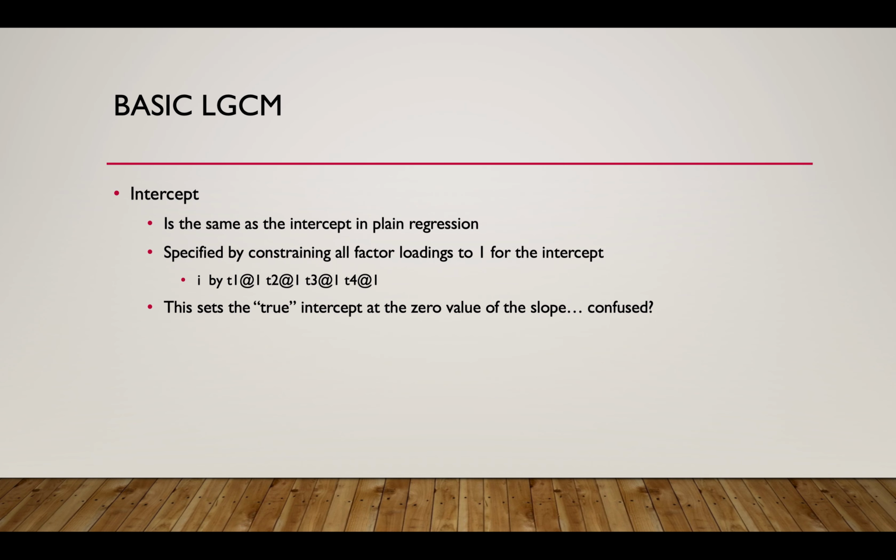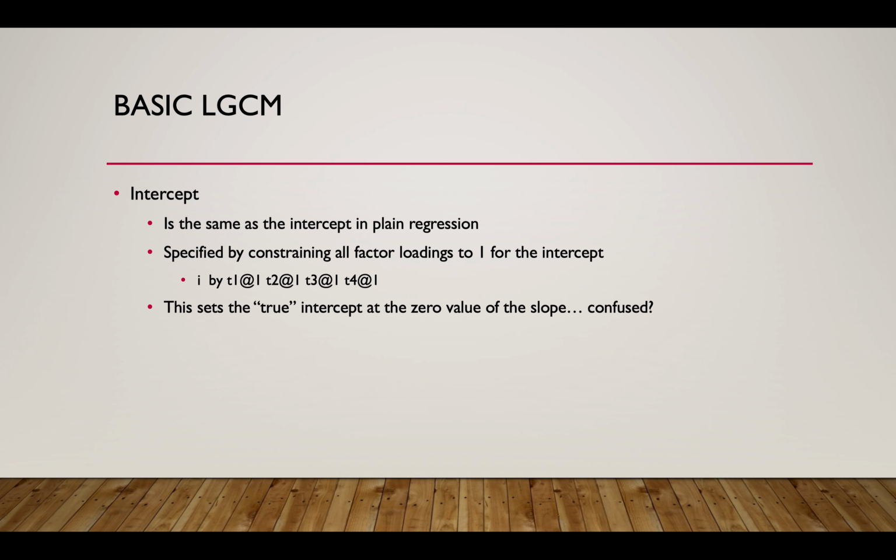In latent growth curve modeling, just like in a regression, we have an intercept and a slope or a series of slopes. Our intercept is specified by setting every time point value as 1, and then the intercept will be whatever time point is set as 0 for your slope.